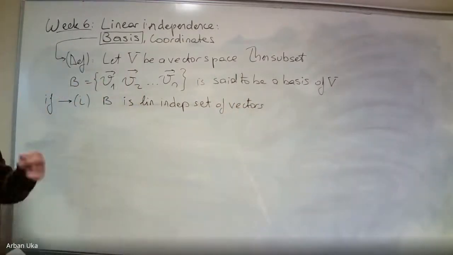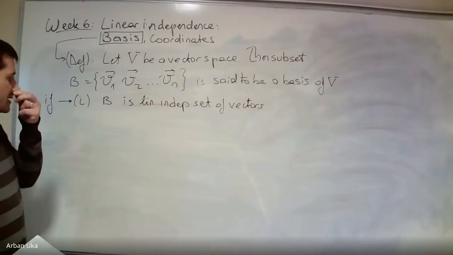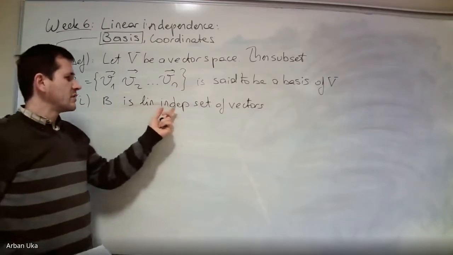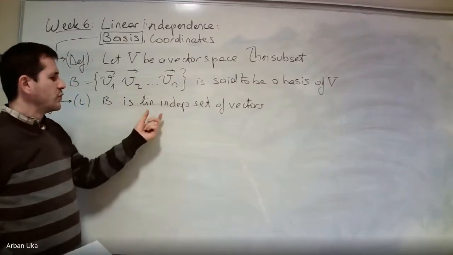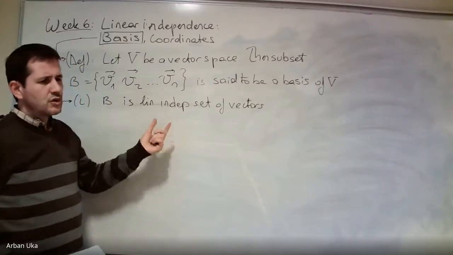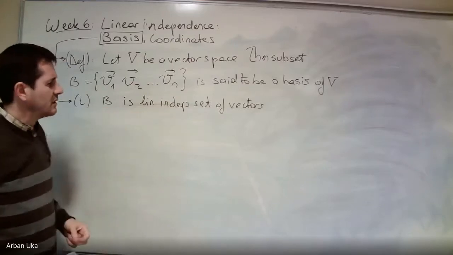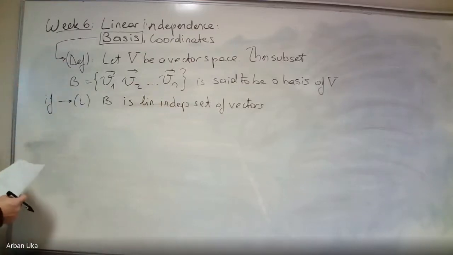So to have a basis for a specific vector space, we should have a linearly independent set of vectors, which means that the number of vectors should be the minimum possible. We should not have redundant or extra vectors.